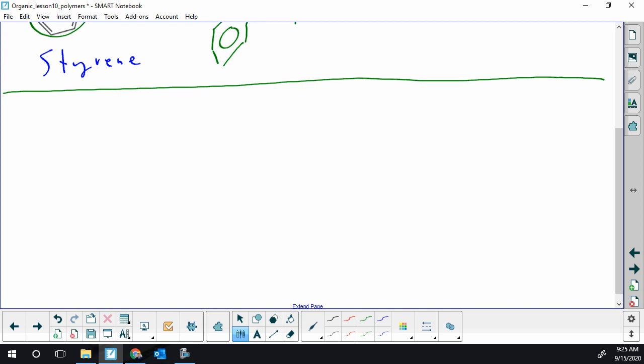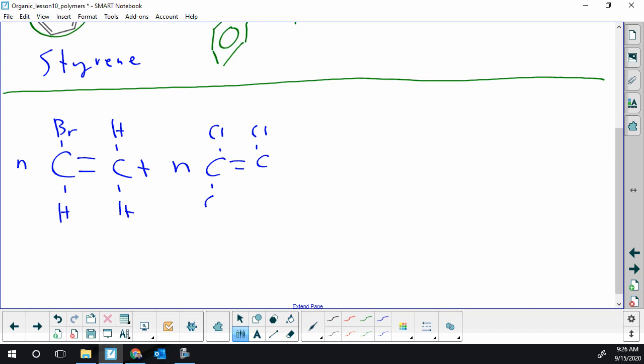Okay. So let's see what happens if we mix 2 different monomers. So I have, what, bromoethene here and tetrachloroethene there.